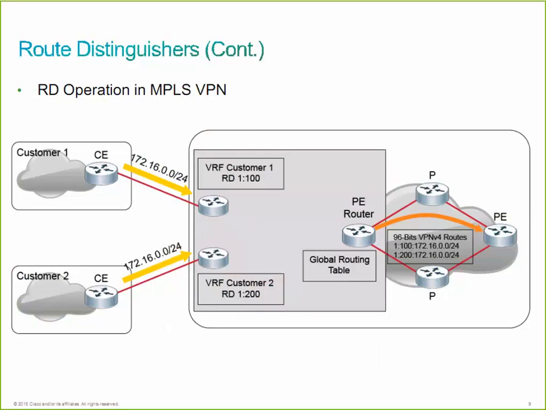So when the other PE router receives those routes, they can identify what VRF those routes belong to. They can then strip off those route distinguishers and then install the actual routes themselves, the prefixes themselves, into the customer-specific VRF routing table for each customer.